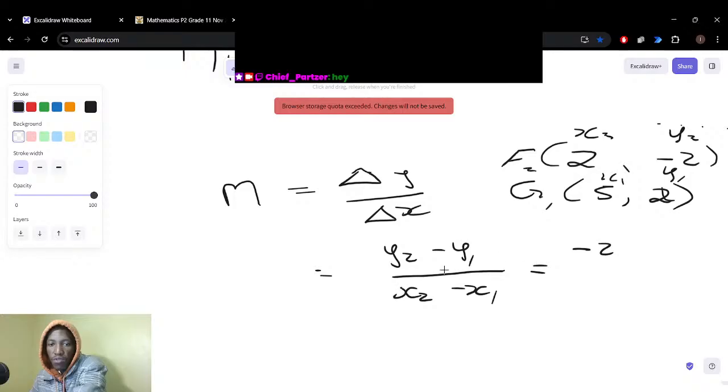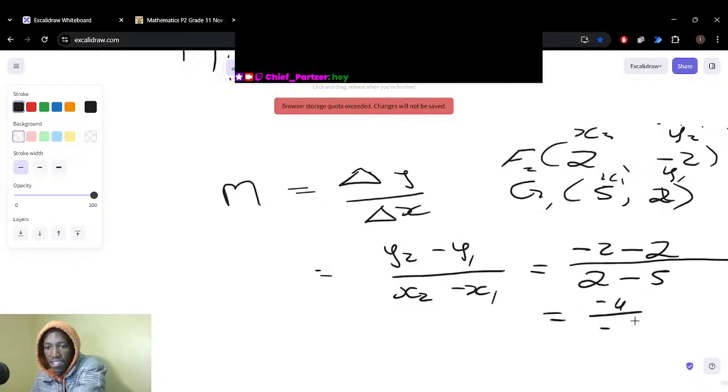So minus 2 minus 2 over 2 minus 5. And then we get minus 4 over minus 3, which is negative. Yeah, they cancel each other. Then you get 4 over 3.